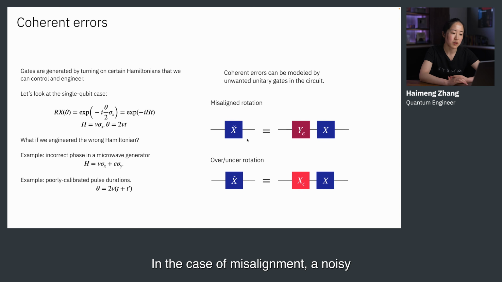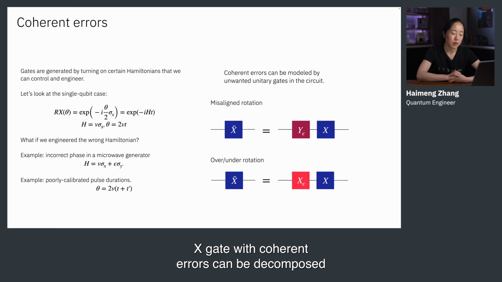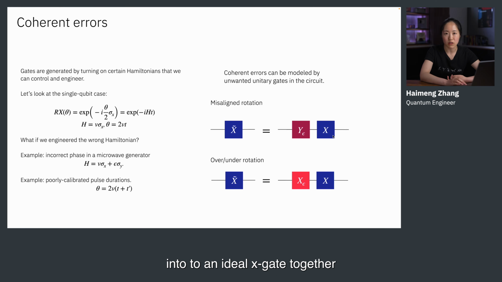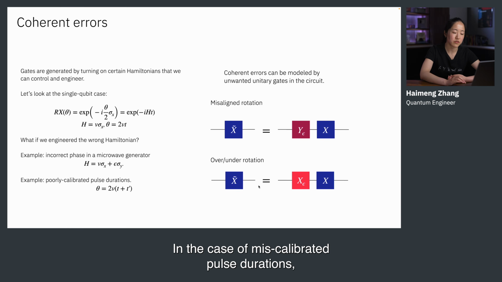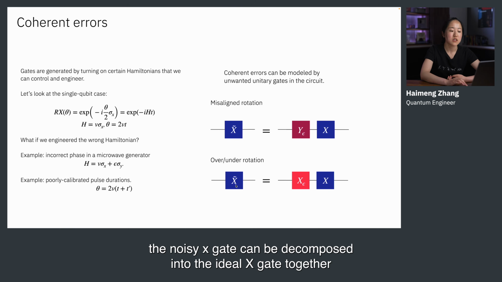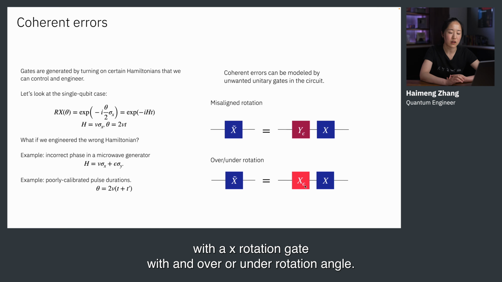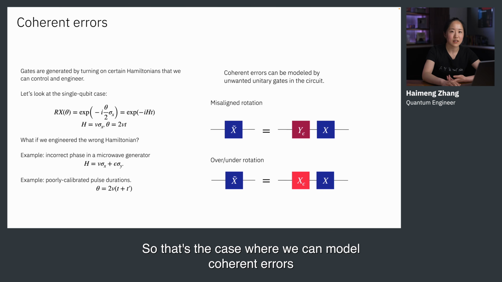In the case of misalignment, a noisy X gate with coherent errors can be decomposed into an ideal X gate together with a Y rotation gate, a rotation around the Y-axis by some small angle. In the case of miscalibrated pulse durations, the noisy X gate can be decomposed into the ideal X gate together with an X rotation gate with an over or under rotation angle. So that's how we can model coherent errors.